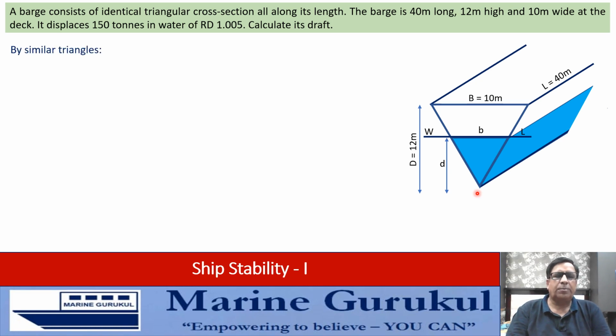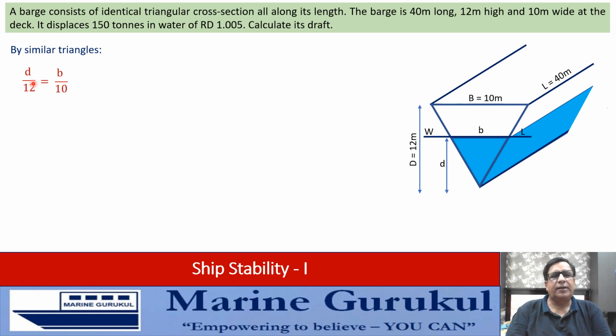So using the property of similar triangles, this small d, which is the height of the small triangle, divided by the height of the bigger triangle, 12 meters, shall be equal to the ratio of these two sides, that is small b by 10.